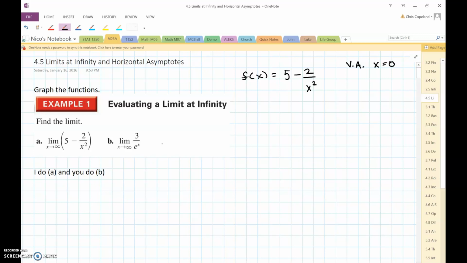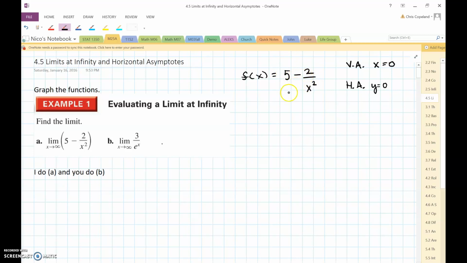Okay, and for the horizontal asymptote, notice that the degree of the numerator is less than the degree of the denominator. So typically the horizontal asymptote would be y equals 0, but we have this 5 here. This 5 is actually being added to this.